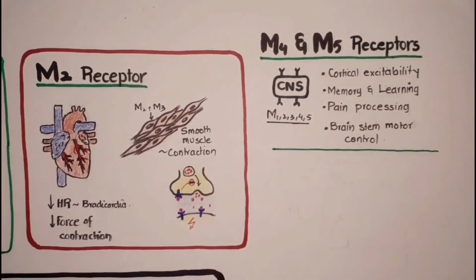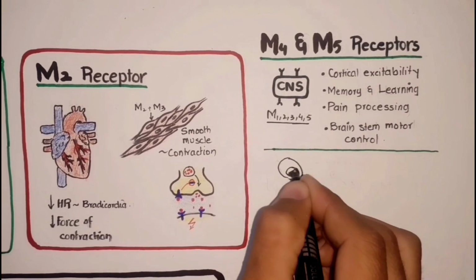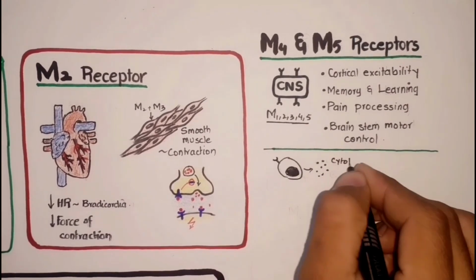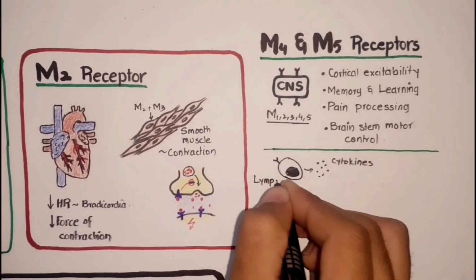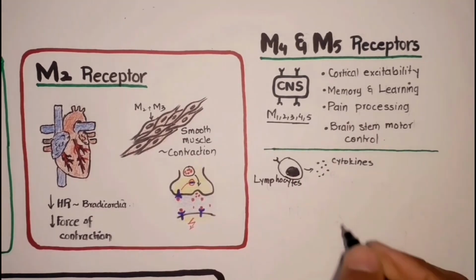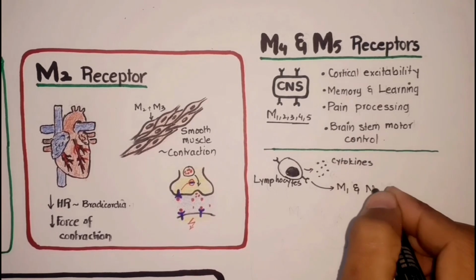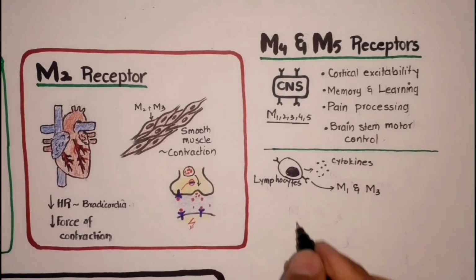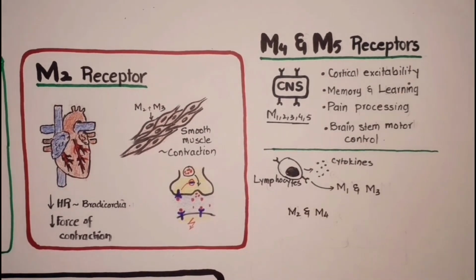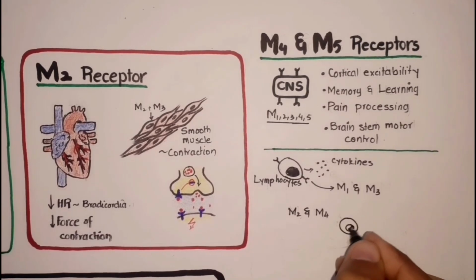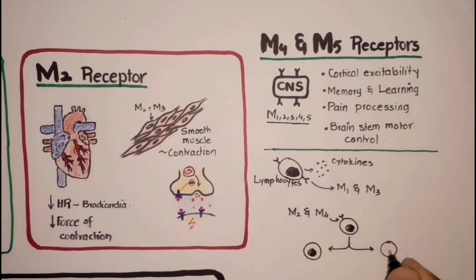In addition to it, it has recently been discovered that cytokine secretion from lymphocytes and other cells is regulated by M1 and M3 receptors, while M2 and M4 receptors affect cell proliferation in various situations.